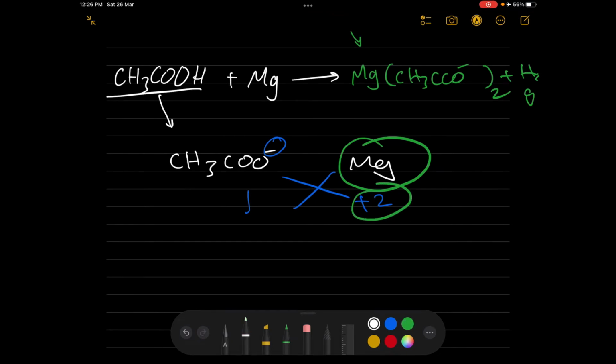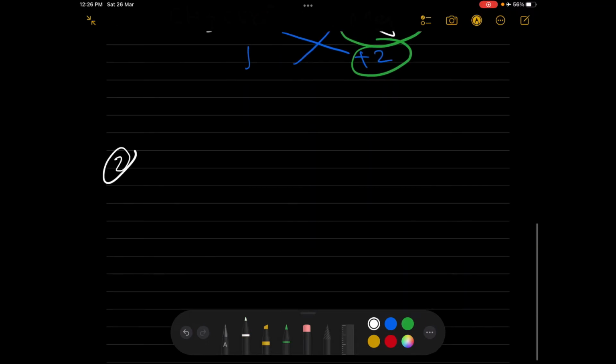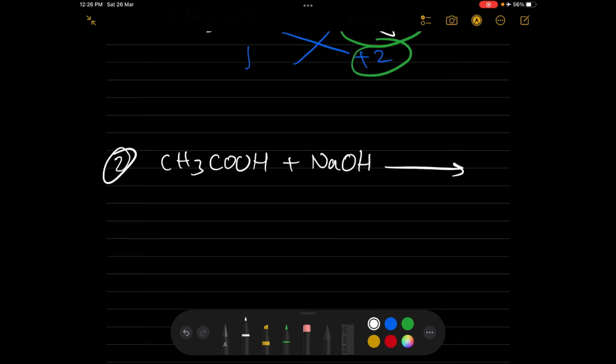Okay, let's go to the second part of reactions, which is the reaction of carboxylic acid CH3COOH plus NaOH. Just remember something: in this case, we have a neutralization reaction.